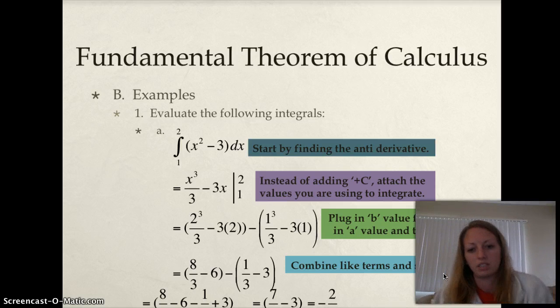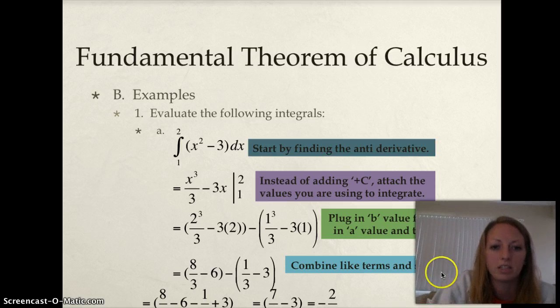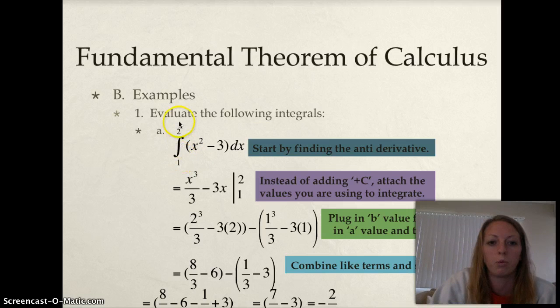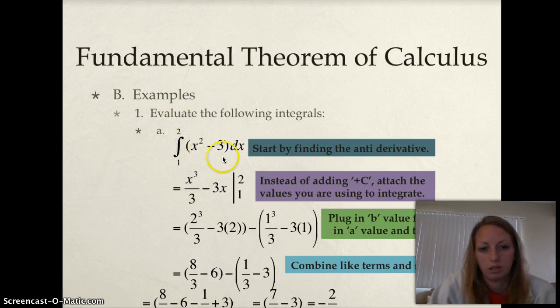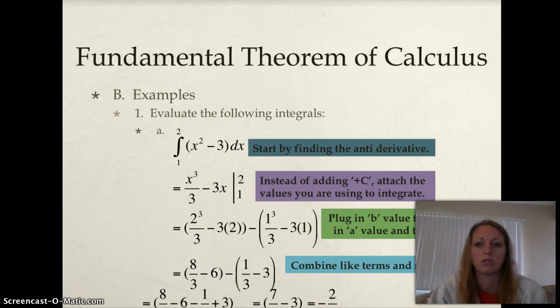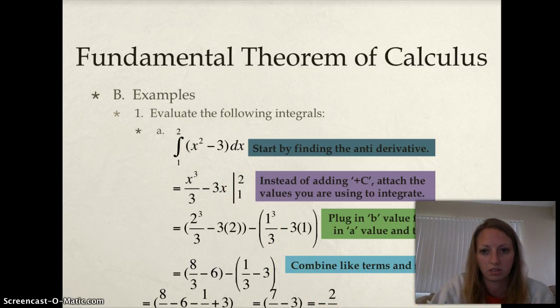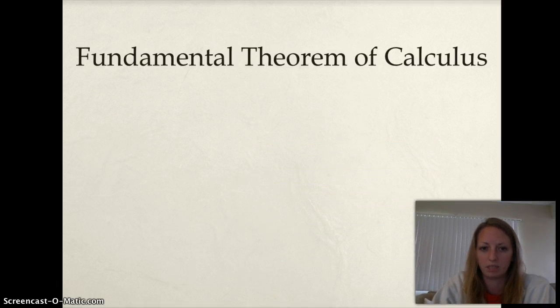So that is my answer. Negative 2 over 3 is what you get when you integrate x squared minus 3 from 1 to 2. So now we are getting actual answers rather than just plus C, a variable at the end. We're getting the whole answer. We're plugging back in. Let's try another one.